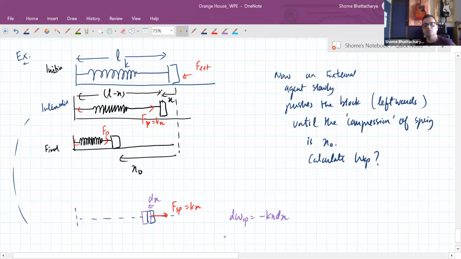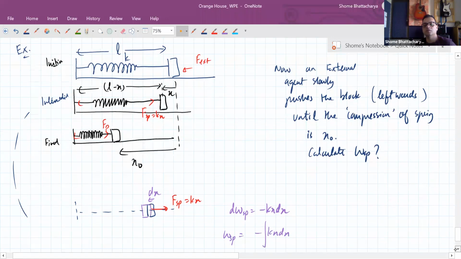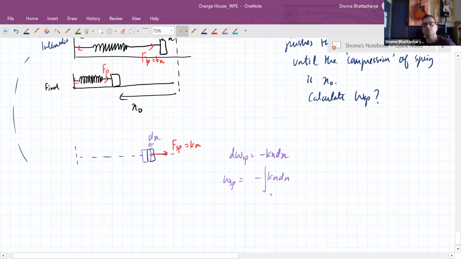Okay. So total work done by the spring will again be minus kx dx integrated from, now this time we can take the x coordinate going from 0 to minus x naught also, it doesn't matter, because it's a whole square term.